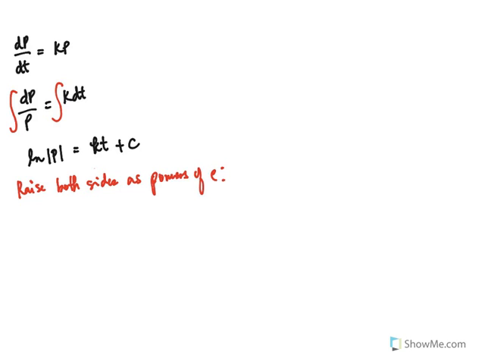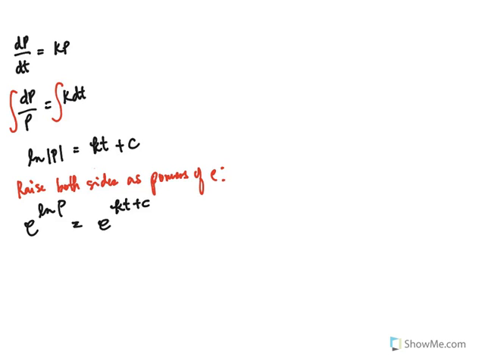So we have e raised to ln of P, I'll just remove the absolute value already, is equal to e raised to kt plus C.